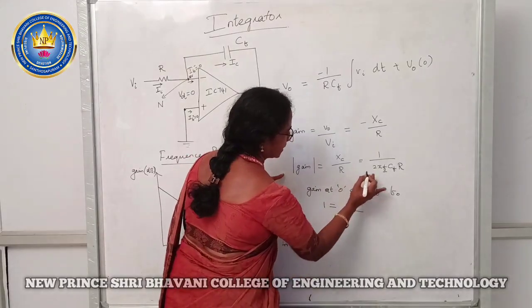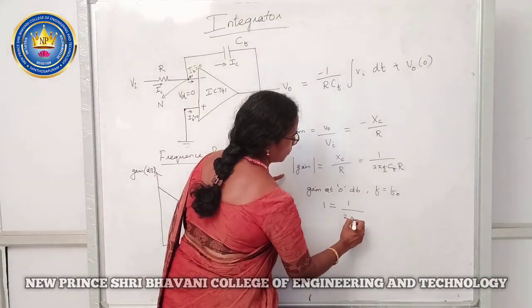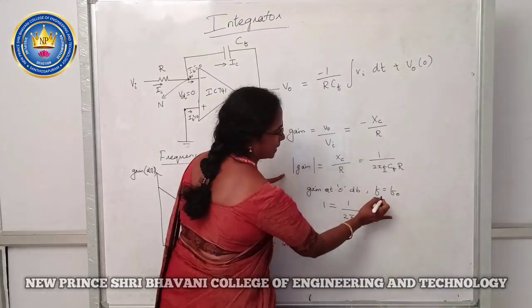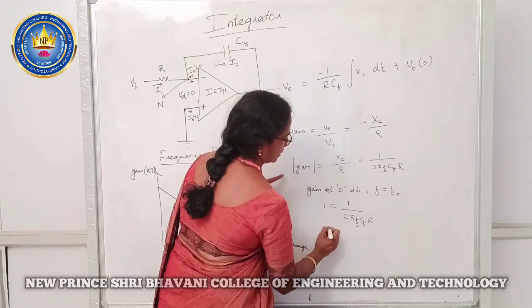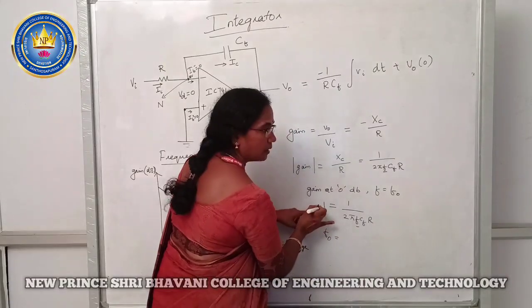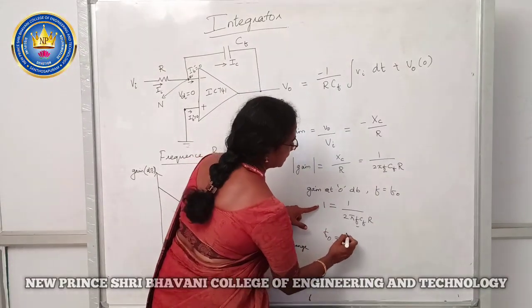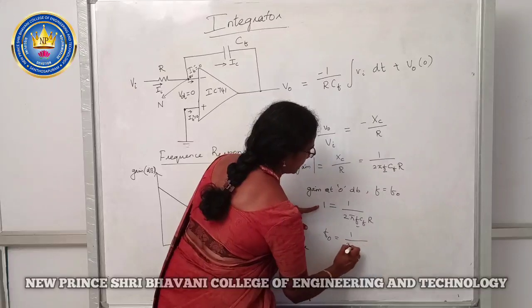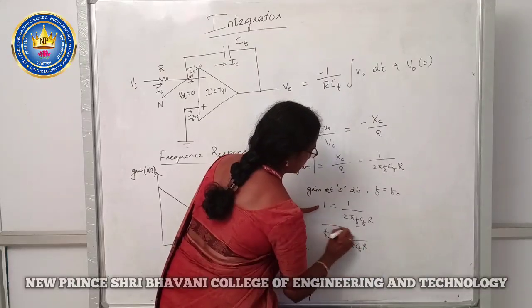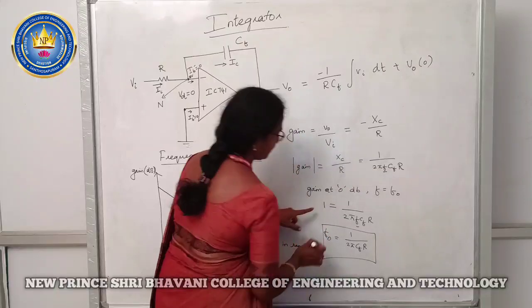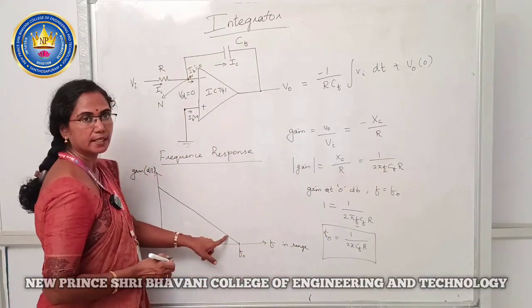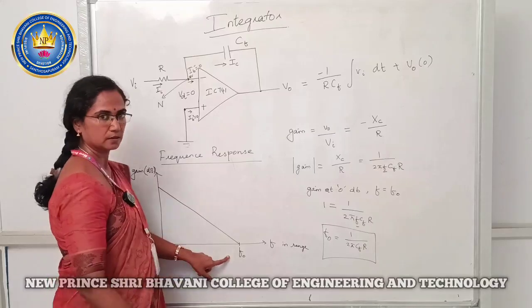So this is equated to 1 by 2 pi F CF R. So at F is equal to F0, this F can be taken to the left hand side. So it will be 1 by 2 pi CF R. So this is the frequency where the curve touches the gain at 0 dB.